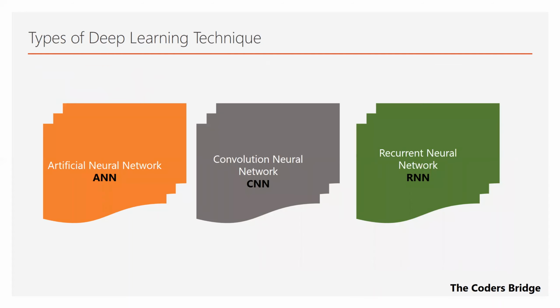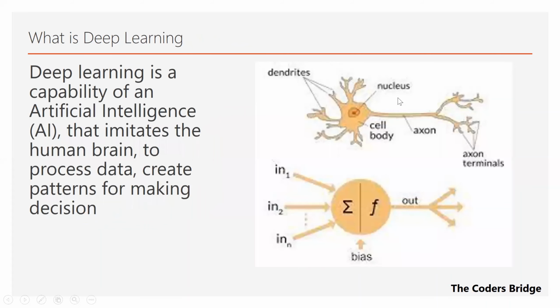We saw what deep learning is. Now we will be seeing what different deep learning techniques we have. Normally deep learning is nothing but a neural network, a combination of neurons. As I told before, here the neurons are nothing but the nodes or the information which we get, correct?